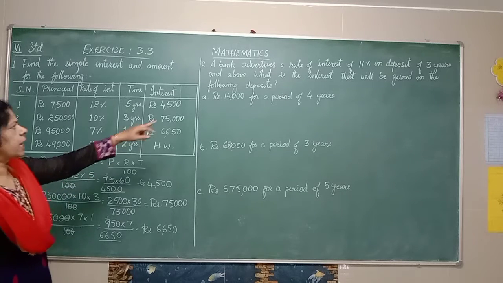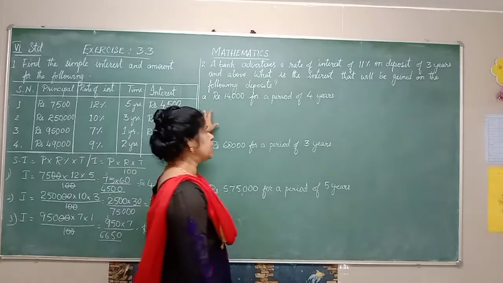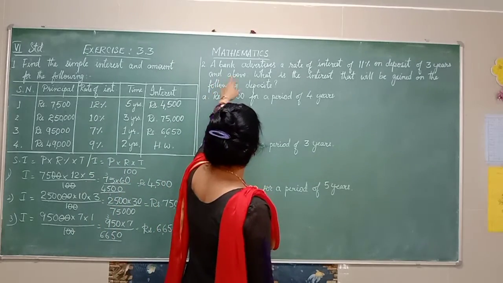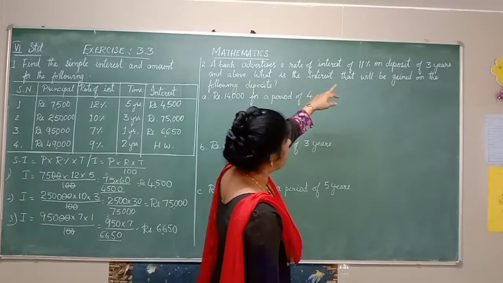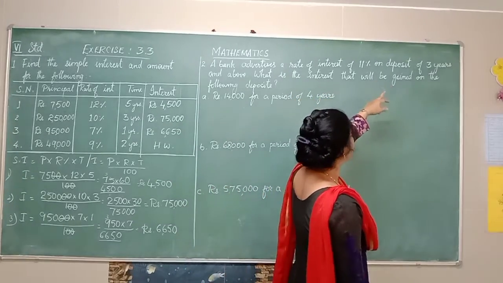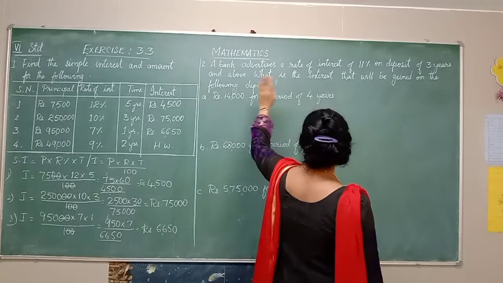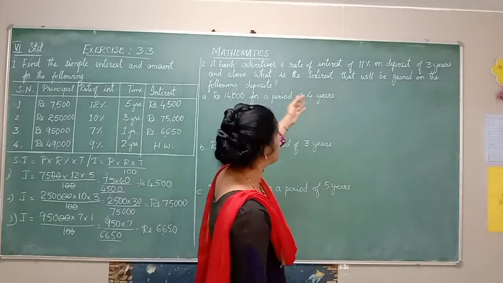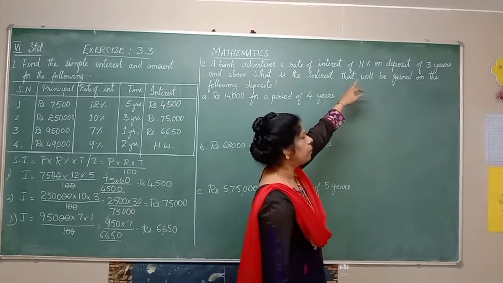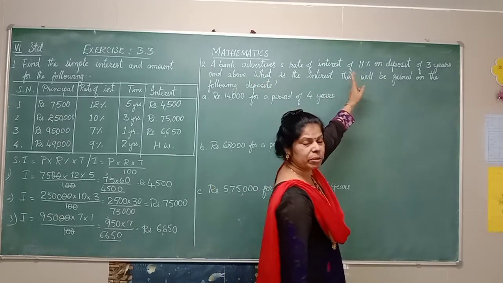Now let us go for the next one. The question says, a bank advertises a rate of interest of 11% on deposit of 3 years and above. If it is 3 years and more than 3 years, the bank will give an interest of 11%.